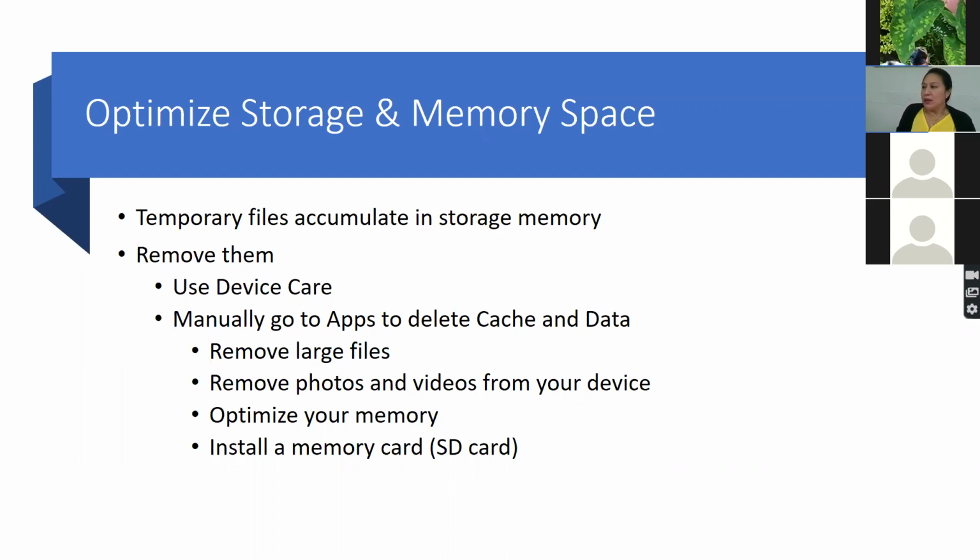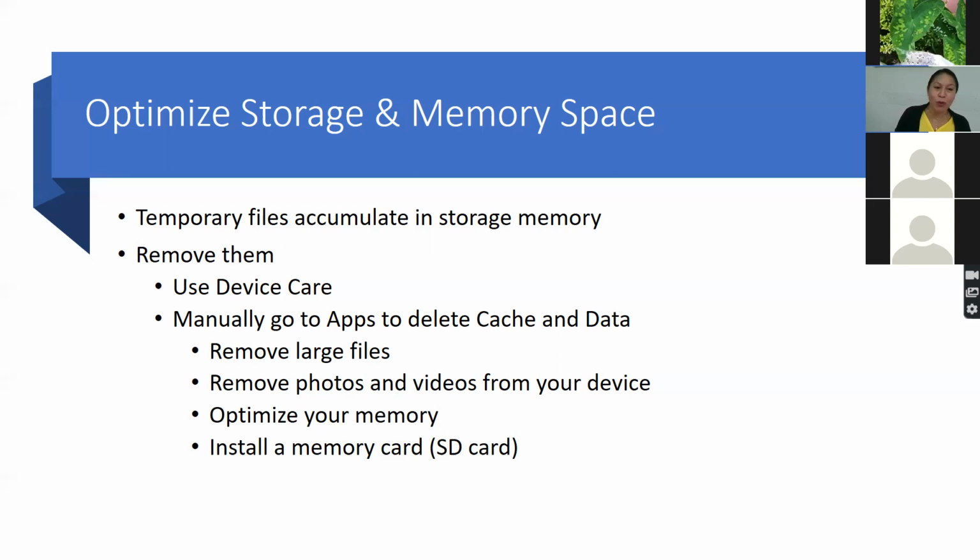Now, when these applications or these functions happen, the phone by default, or your smartphone, your smart device, saves what it calls temporary files. Those temporary files are not really closed out or deleted or removed when we close our applications, right?